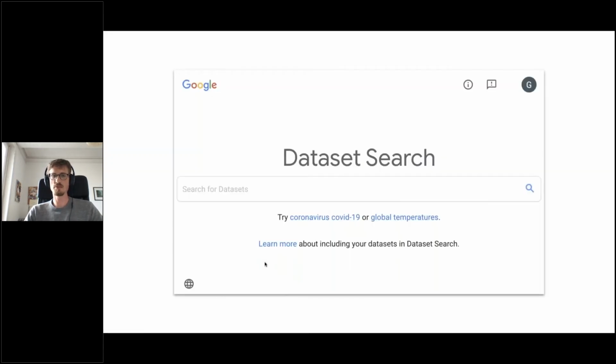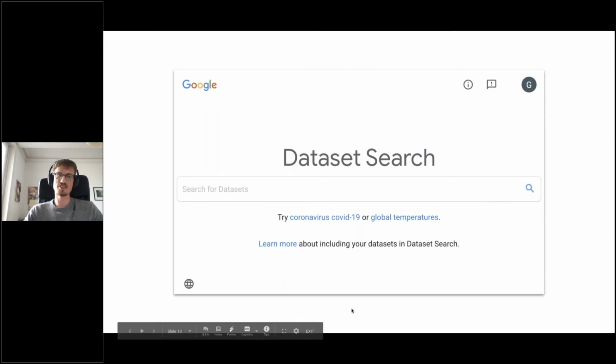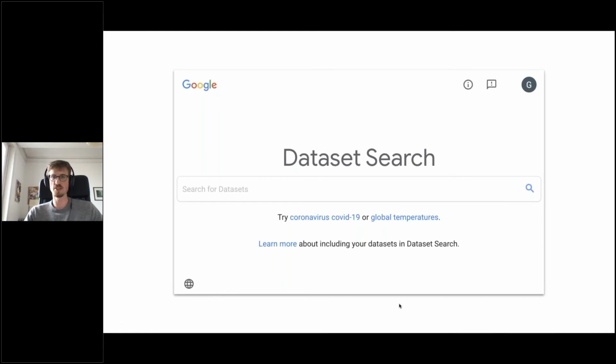So Google has this product called Dataset Search. And we can ask ourselves, why does it exist, and why can't I just use Google to find the right datasets that I want? And you can find the datasets on Google, but if we look at the results produced by the search engine, we will see a few differences that make the experience much better and easier.